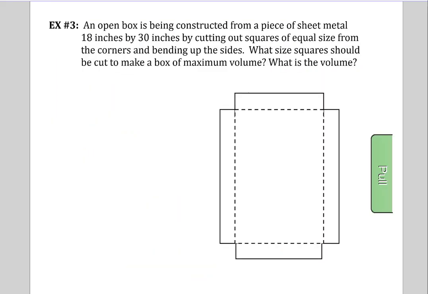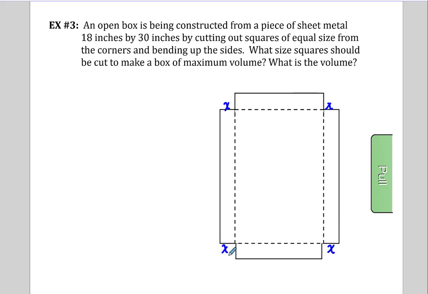This one is an open box question, or we're going to create a box from a piece of cardboard, or in this case, a piece of sheet metal. It measures 18 inches wide by 30 inches long. And we're going to cut 2 squares out of each corner. And each square would be x by x.